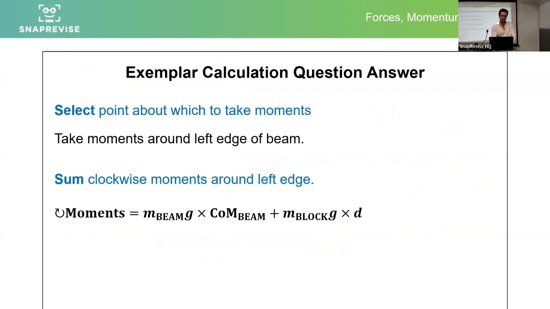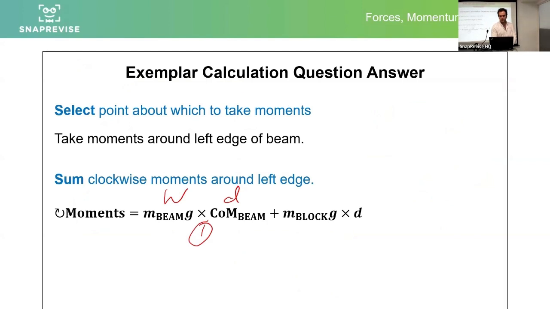Okie dokie, so the clockwise moments: we've got the mass of the beam times the gravitational constant. That's our force, the weight of the beam, times the distance to the center of mass of the beam. That's weight number 1.